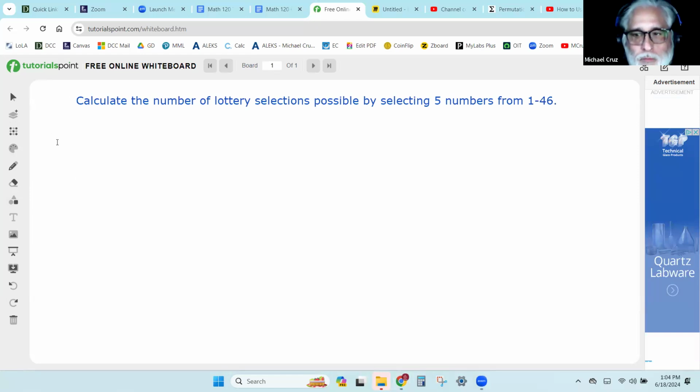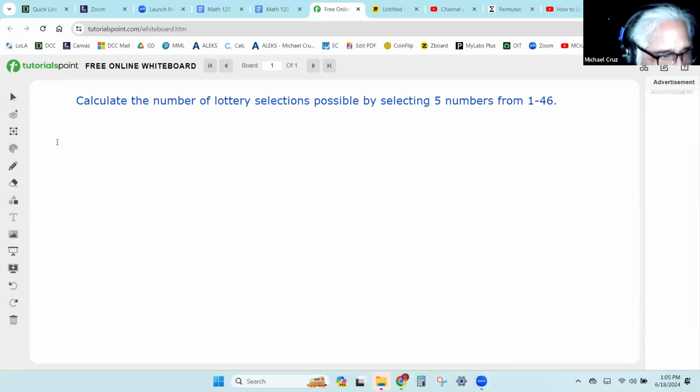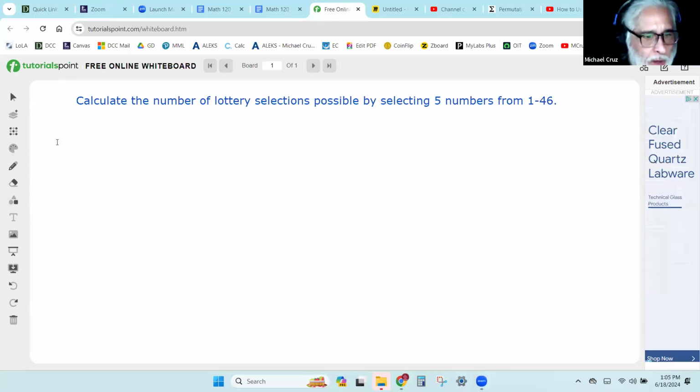So there's no mention of order in the numbers. Okay. If we want ordered selections, then we have to say that. We either say it by denoting that these 4 are not the same by giving them an office or a position. But with the lottery selections, as long as we got those 5 numbers, it doesn't matter about the order.